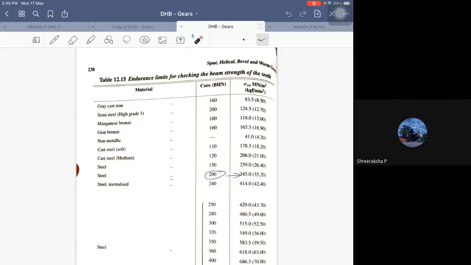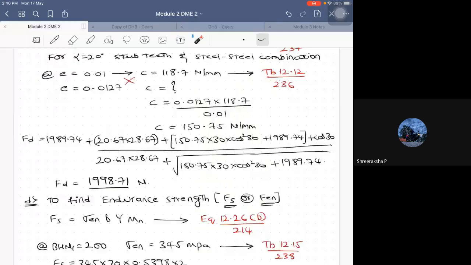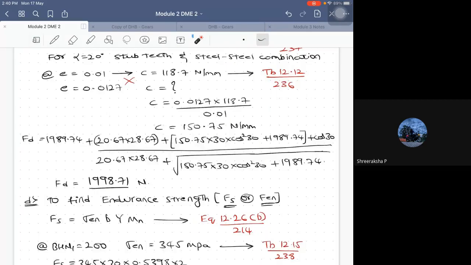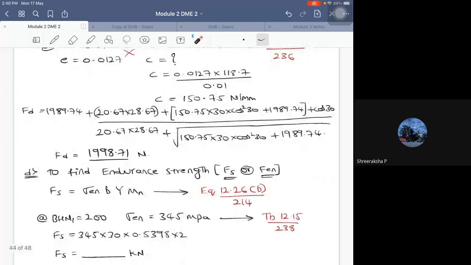In this you can get the value of PHN and pick the value of sigma En. Pick that value, substitute everything, and give me the value of FS or FEN, the endurance load. We are checking for the endurance. Fatigue you've heard of, right? So we are checking whether your designed gear can withstand fatigue or not.